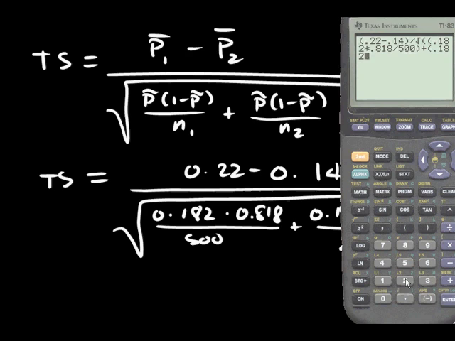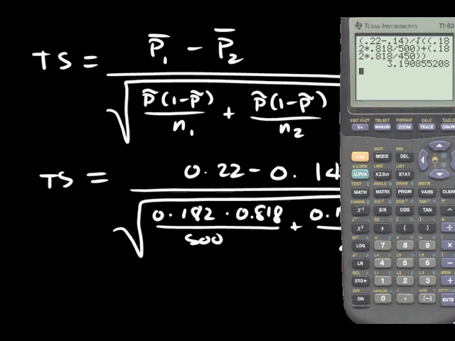Again, everything between the first parentheses and the last is under our square root. Let's hit enter. We get a test statistic approximated to the nearest hundredths of 3.19. So 3.19 is our approximate test statistic value.